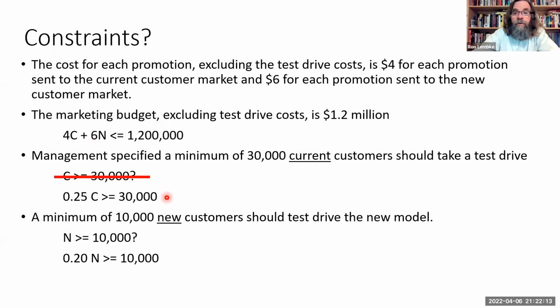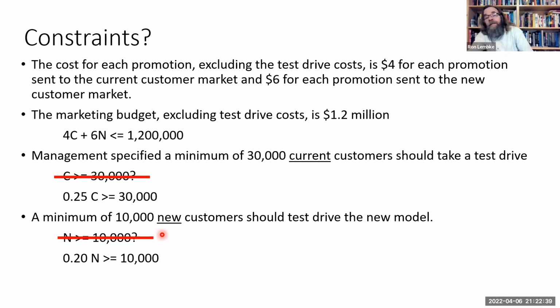0.25C is greater than or equal to 30,000. Similarly, with the number of new customers who take a test drive, the goal we've been given is at least 10,000 new customers take a test drive. So again, you might think, does this mean N is greater than or equal to 10,000? No. N is the number that we provide the opportunity to, the number that we reach out to.